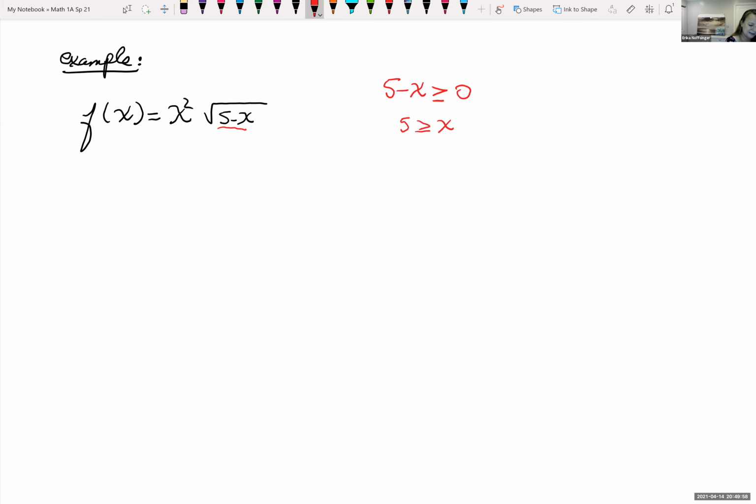To me, I like to look at this when the x is on the left, so I can rewrite this as x has to be less than or equal to 5. So I know I have an endpoint of my domain. So my domain, everything is coming from negative infinity because it's less than or equal to 5, to 5 with a closed bracket.